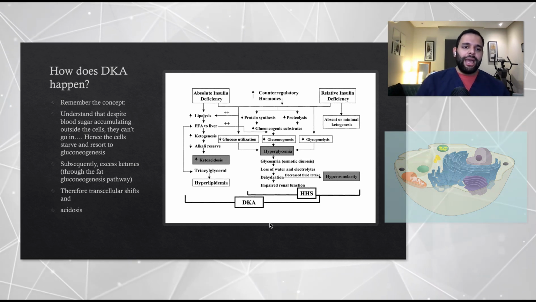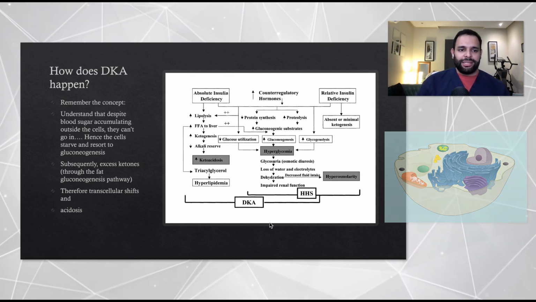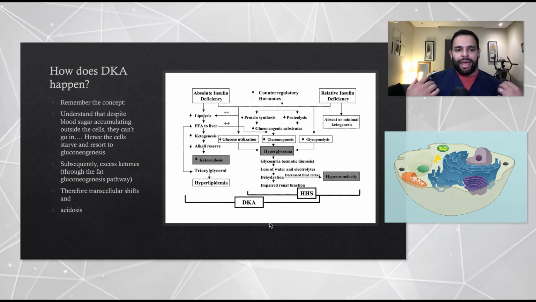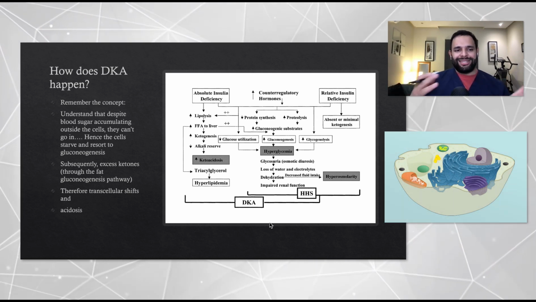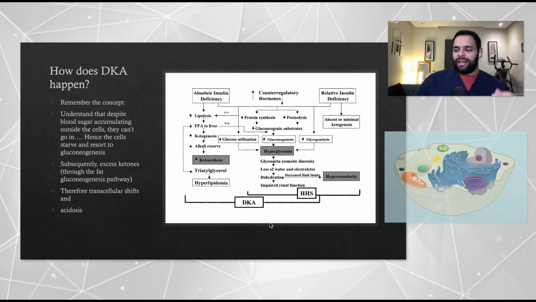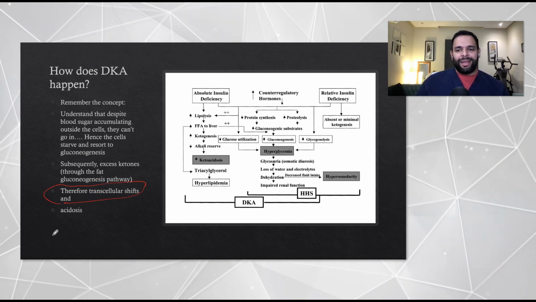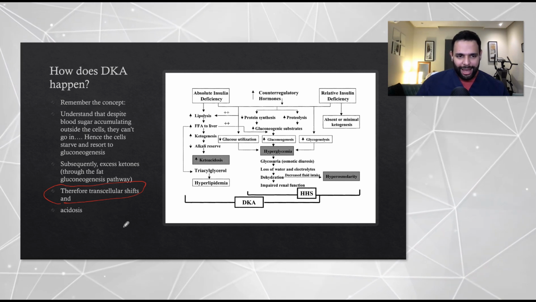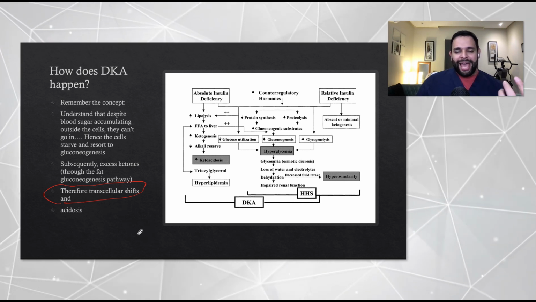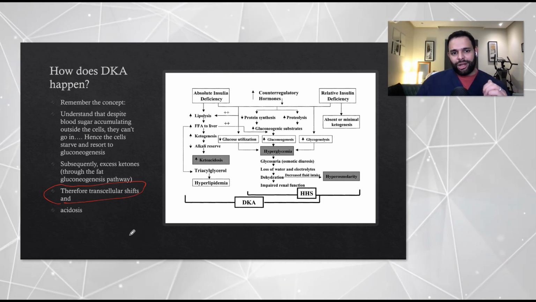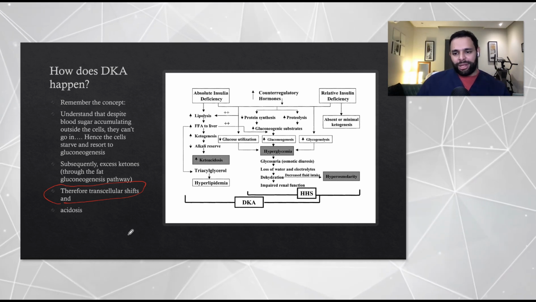Subsequently, excess ketones from lipolysis will be exported into the blood, and so the transcellular shift occurs. A lot of shifts will occur here because you want to compensate and try to maintain body osmolality, but now you have an anion gap because you have a higher content of an anion that shouldn't be in the blood to begin with.